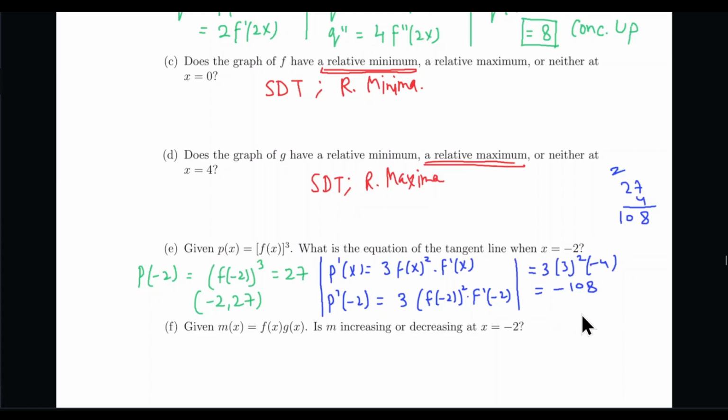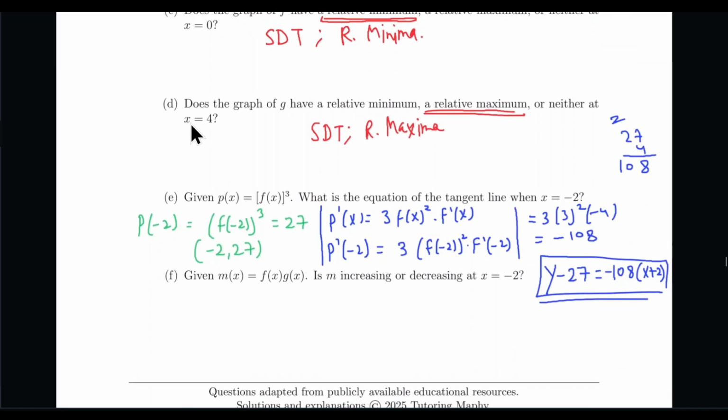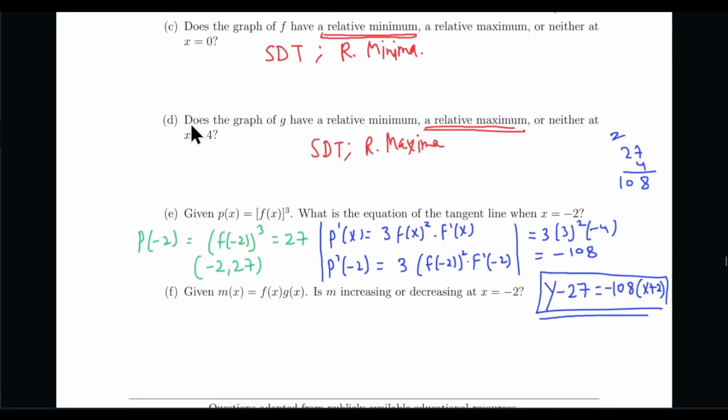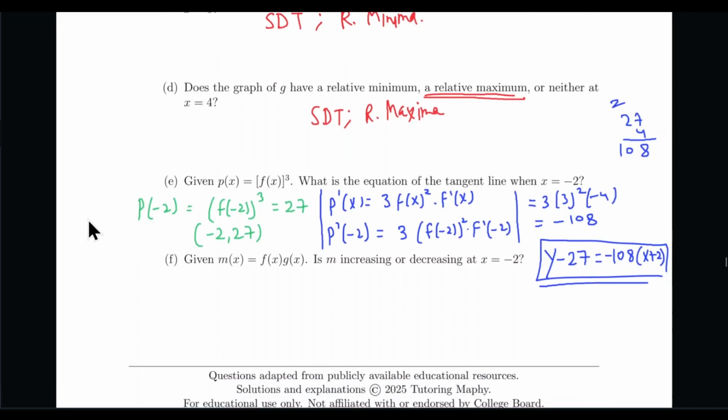So I'm just going to write the equation over here. It will be y minus 27 equals negative 108 times x minus negative 2, which will just become x plus 2. So this is going to be our equation for E. And for F, increasing or decreasing, once again, this is just the f prime thing, guys. For the f prime, unfortunately, we need to use the product rule here.